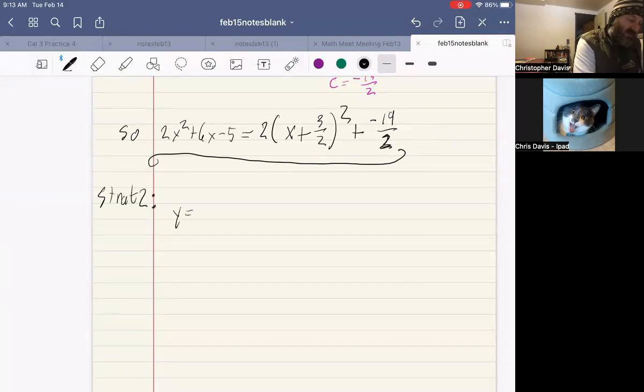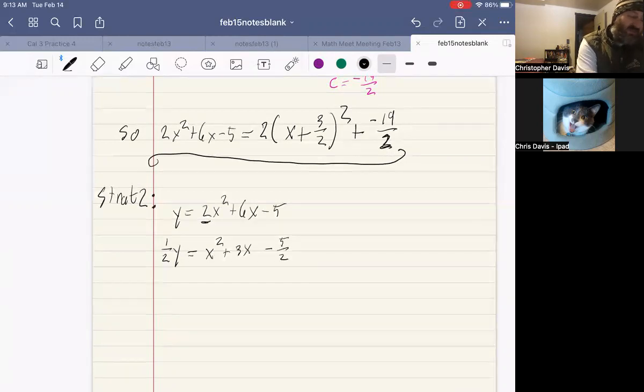Start with y equals 2x squared plus 6x minus 5, and try to apply this completing the square idea. So I guess the first thing to do would be divide both sides by 2 to get rid of this 2. So 1/2 y is equal to x squared plus 3x minus 5 over 2.